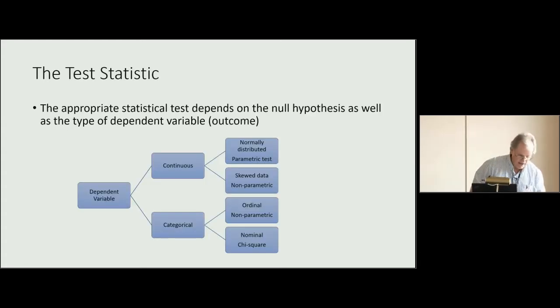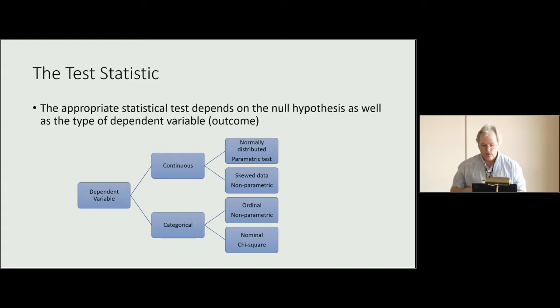So the test statistic. Again, we've got our data, we've described it, we have our hypothesis, we want to test our null versus our alternative, right? We know the scale of measurement, we know how it's distributed, and now we have to choose a test. And again, I go back to this dichotomy of categorical versus continuous, right?